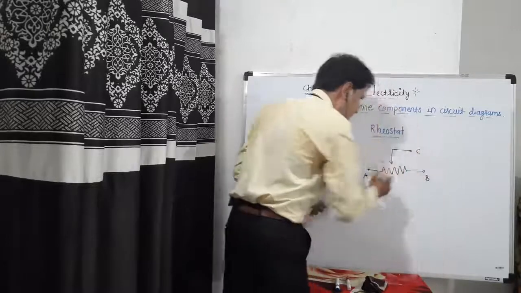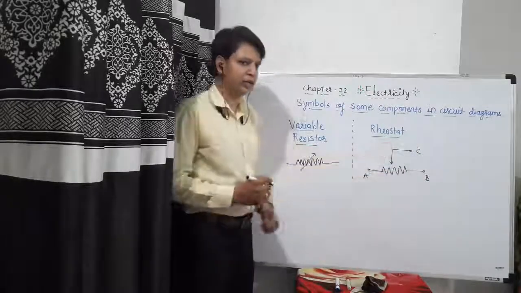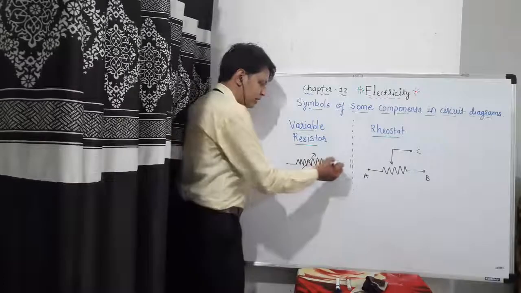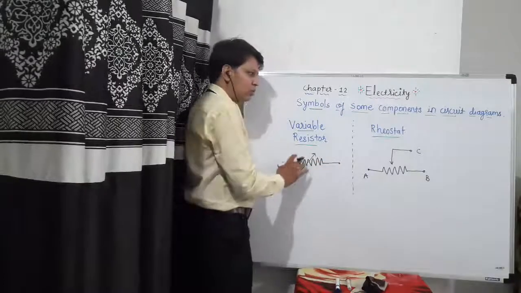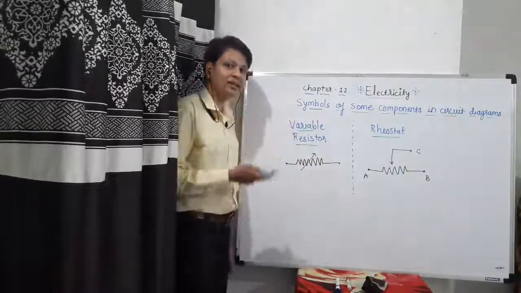As you can see, in a rheostat there are 3 terminals and in a variable resistor there are 2 terminals, but both have the nature to vary the resistance.